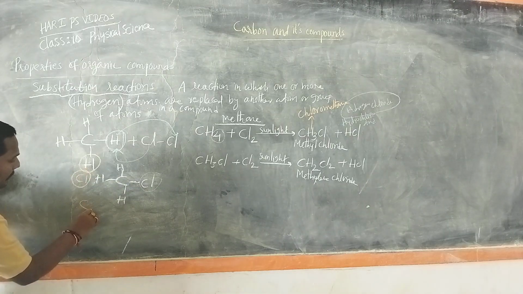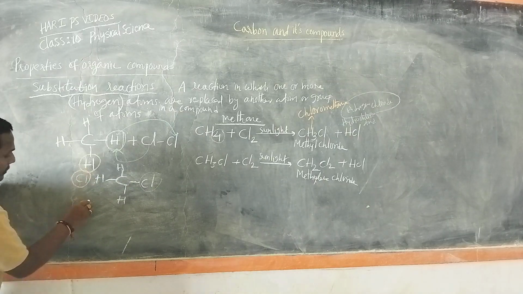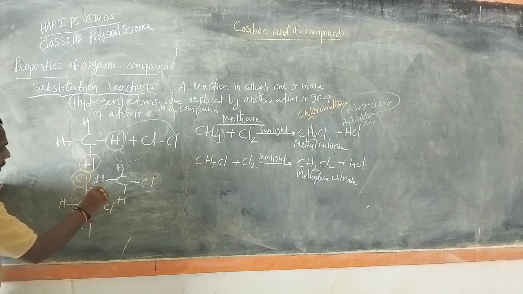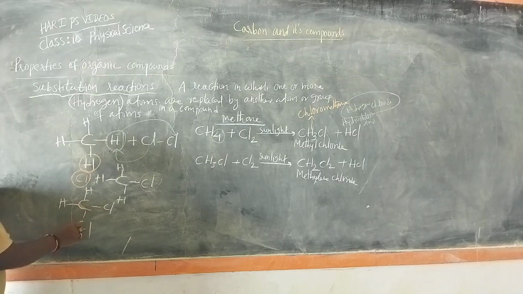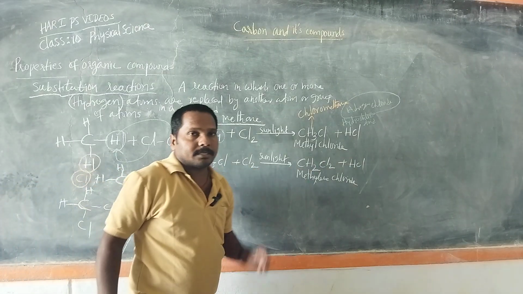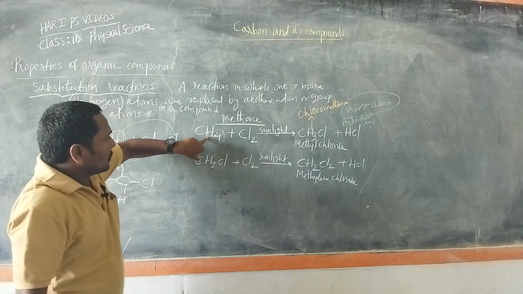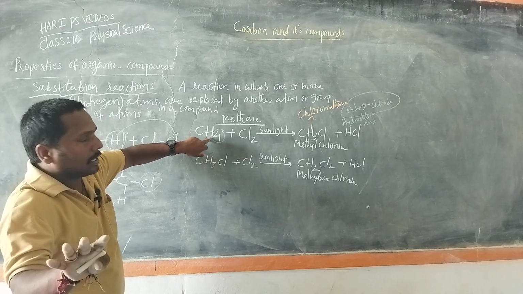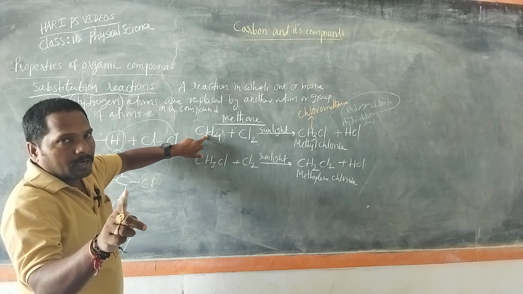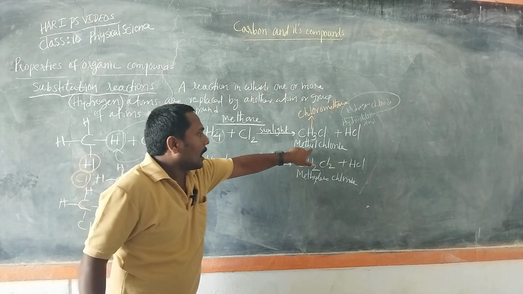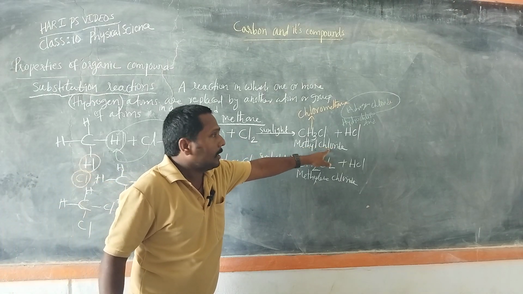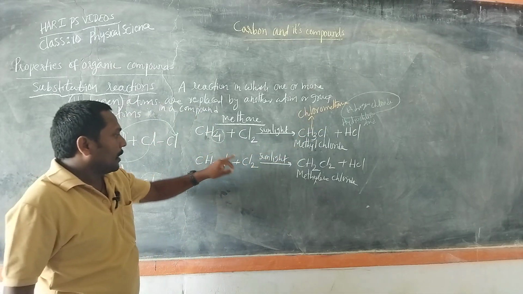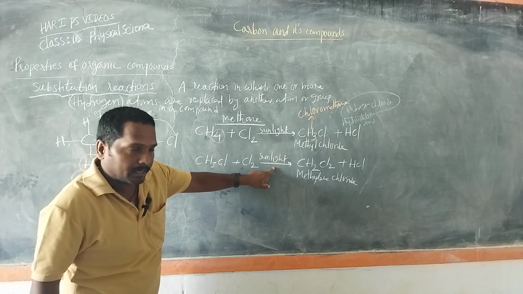Now we can write C with chlorine and H. So first, methane has 4 hydrogen atoms. One of the hydrogen atoms is replaced by chlorine and gives methyl chloride or chloromethane. Then this methyl chloride combines with chlorine in the presence of sunlight again.